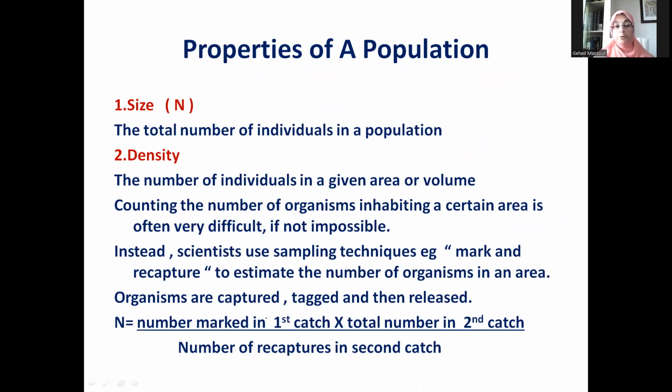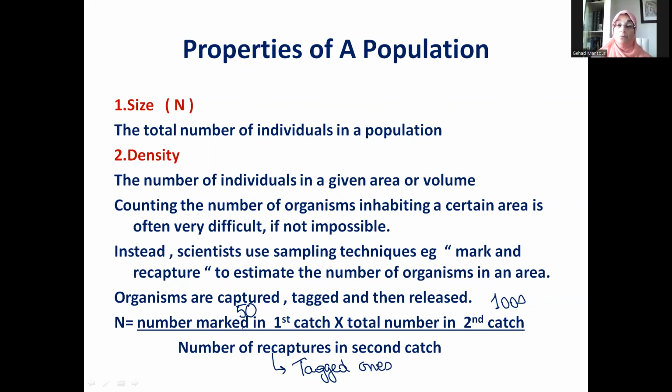For example, suppose that the number of lions that have been marked in the first catch, as we said, was 50, and then the total number in the second catch was 1000. Okay, and of course, the number of recaptures in the second catch, meaning the tagged ones, will be much smaller than 50.